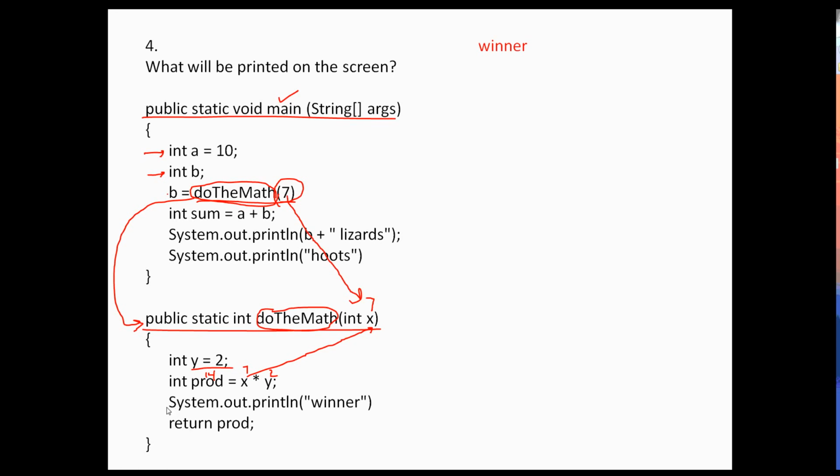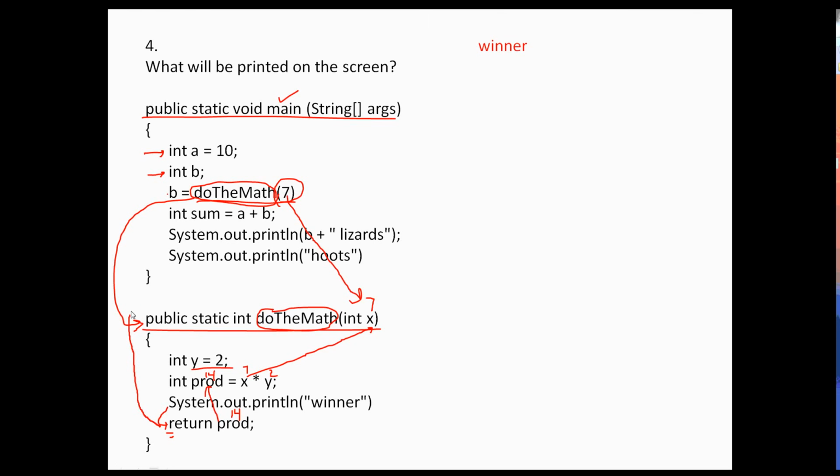The next line down is a return statement because it starts with the word return. It's not capitalized. So it's going to return prod. Well, prod is being called here. It's a variable. Prod has a value of 14. So on a return statement, the value that's being returned is always returned to the method call.